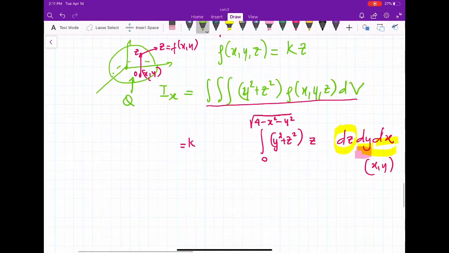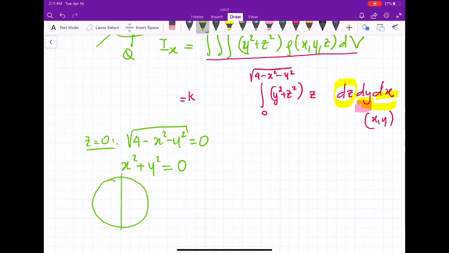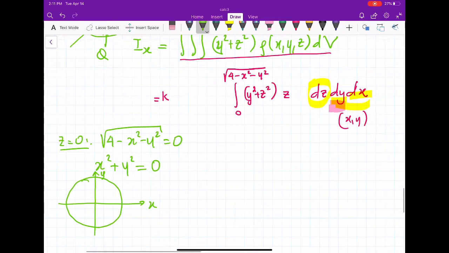So if I put z equal to 0 in here, I have the square root of 4 minus x squared minus y squared equal to 0. This is nothing but the circle x squared plus y squared equal to 4, and that is the region in the xy plane. Now, since we choose the order dy dx in here, we need to fix x.